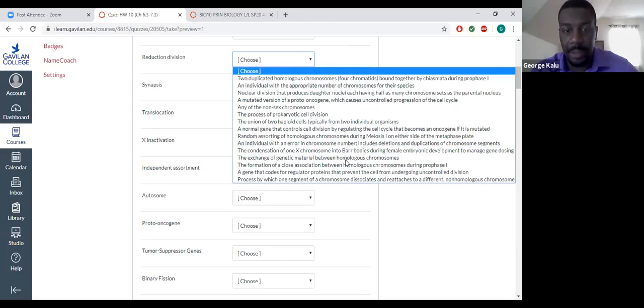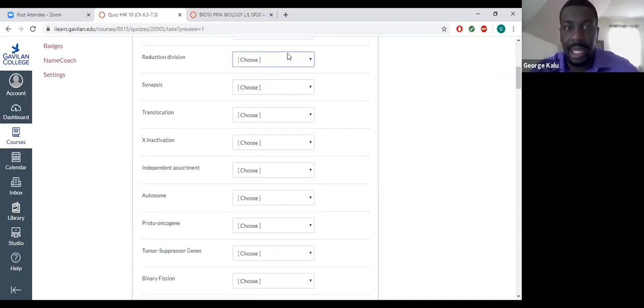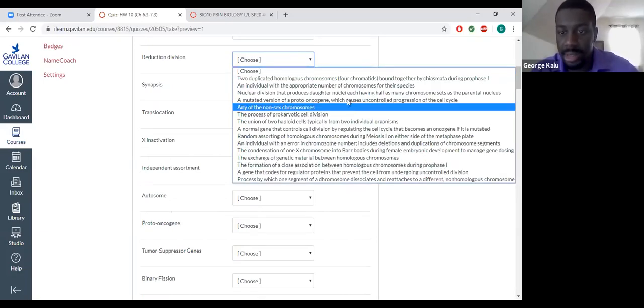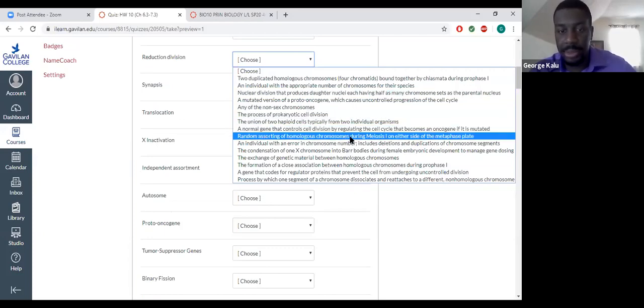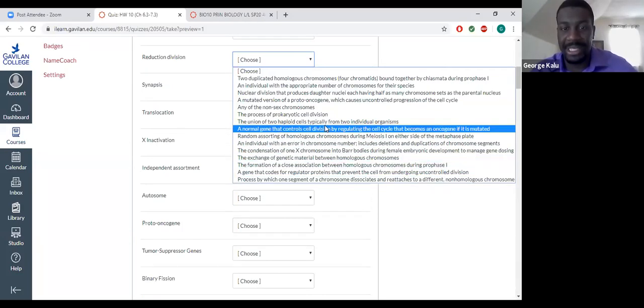Okay, what is a reduction division? Last one. So a process by which one segment of chromosomes dissociates and reattaches to a different non-homologous chromosome? Not quite. So it's not a process where one segment of a chromosome detaches. That one's not quite it. What do we think here?